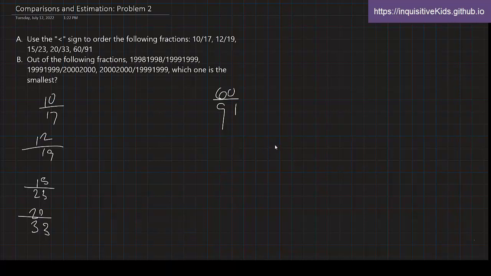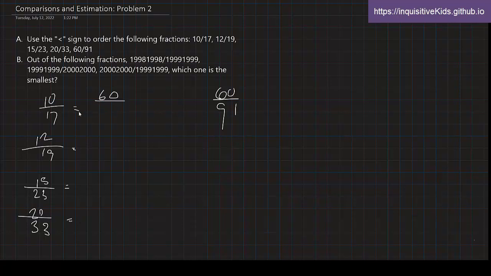I think the best choice over here would be to do a common numerator, because as you can see, 10, 12, 15, 20, and 60 are all very closely related. Their least common multiple is 60. So we don't have to change 60 over 91, but we do have to change the rest of these numbers to have a numerator of 60.